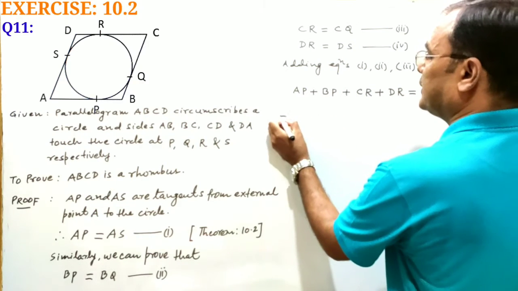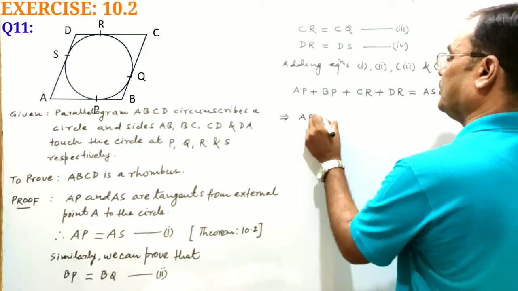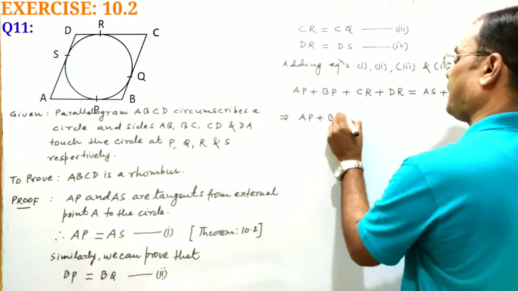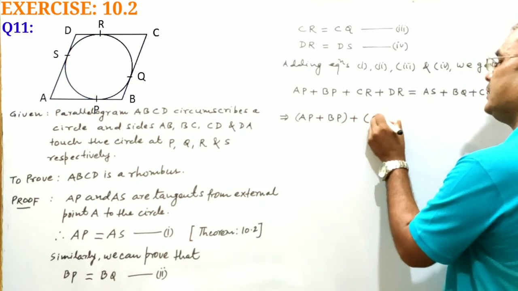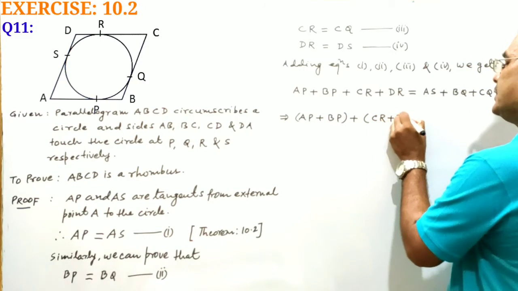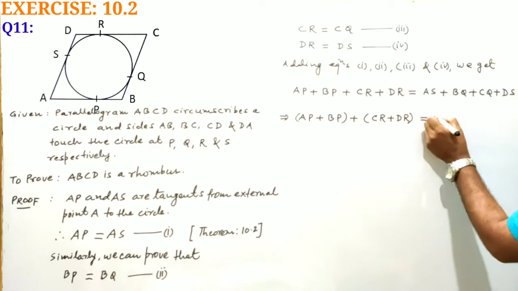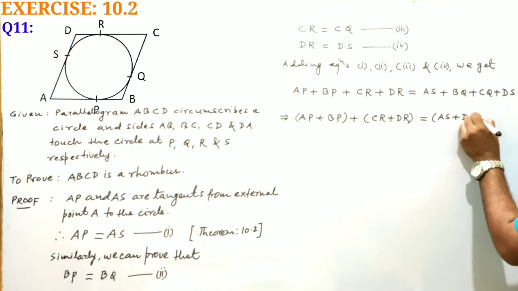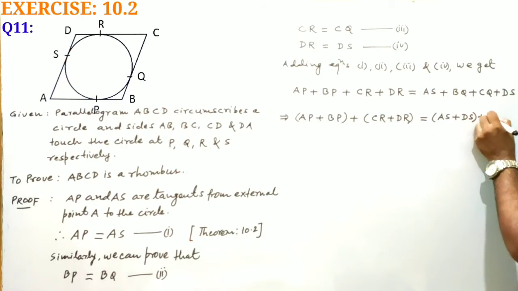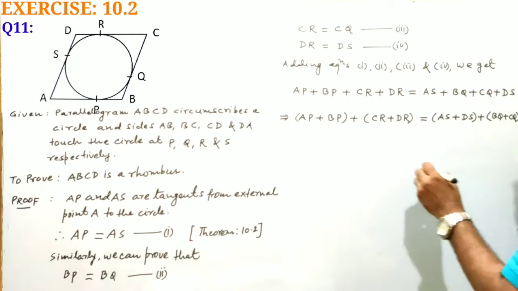This implies that AP plus BP plus CR plus DR equal to AS plus DS plus BQ plus CQ.